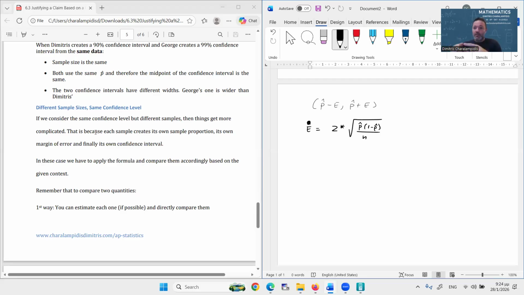In this case, we are using the same confidence level, but we get different samples from the population. Different samples will lead, obviously, to different sample proportions and to different margins of error and naturally to different confidence intervals.